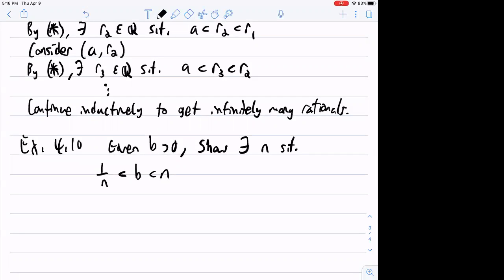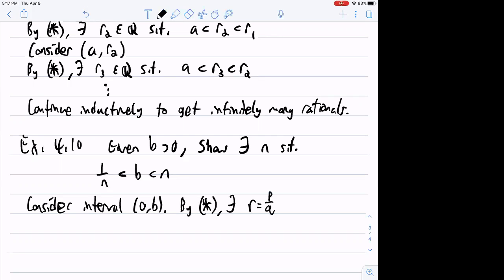So certainly if B is bigger than 0, I can consider the interval (0, B), because B is bigger than 0. Now I can apply density of rationals. So by star again, there exists R, which is rational, equal to, let's say, P over Q. And we might as well say it's reduced.